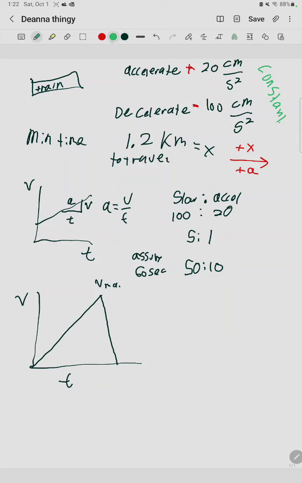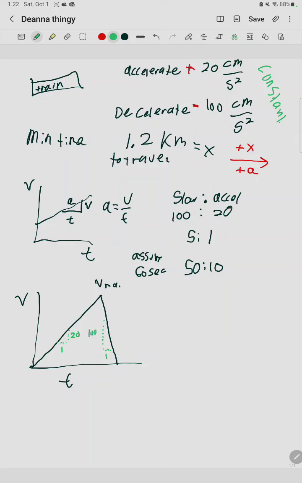So then you know that this one over here is a 20 rise per 1 second. And this one over here is 1 second per 100 centimeters.